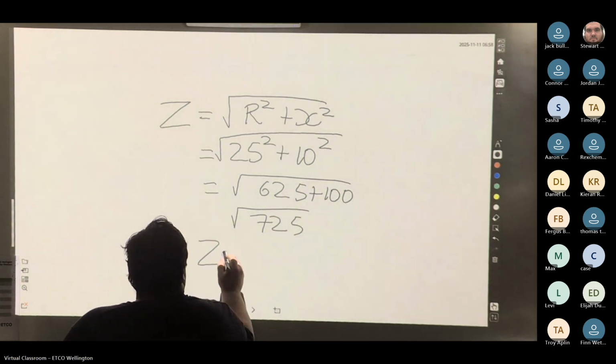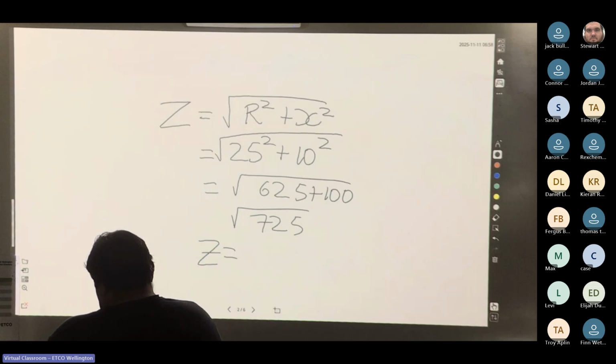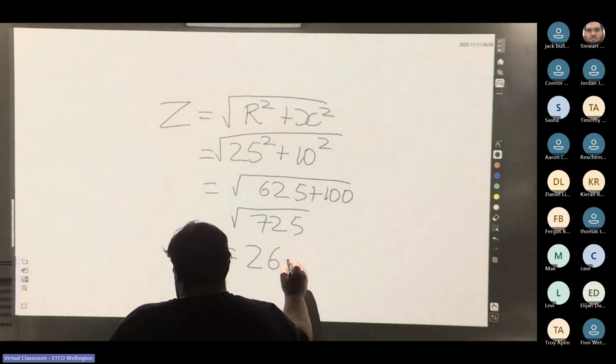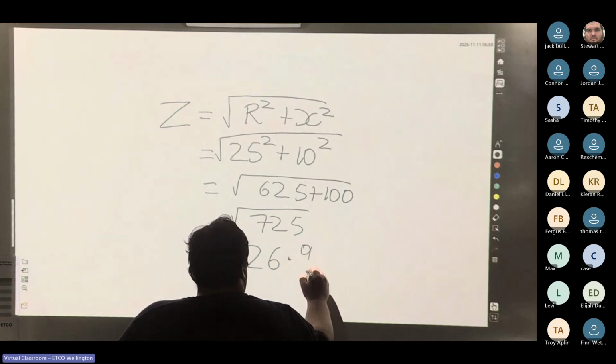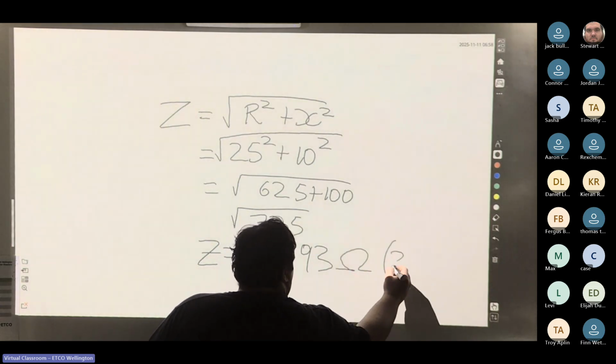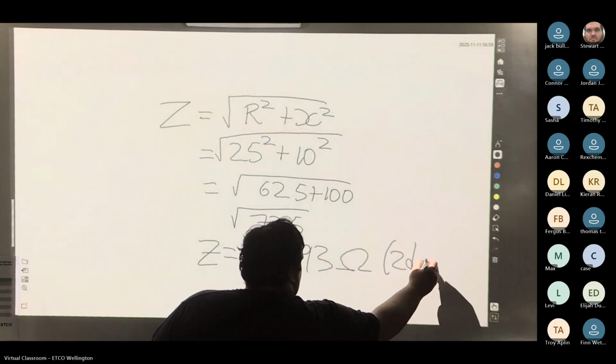So Z equals 26.93 ohms to 2 decimal places.